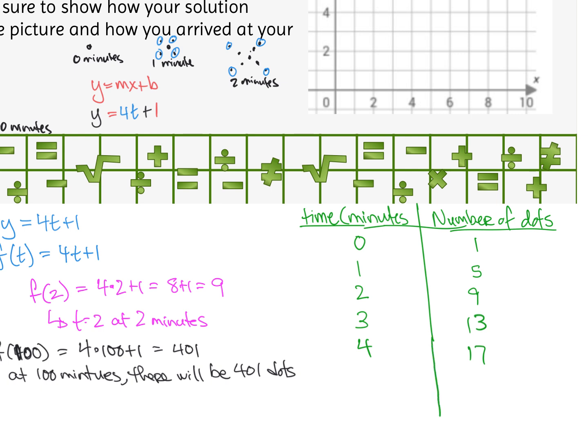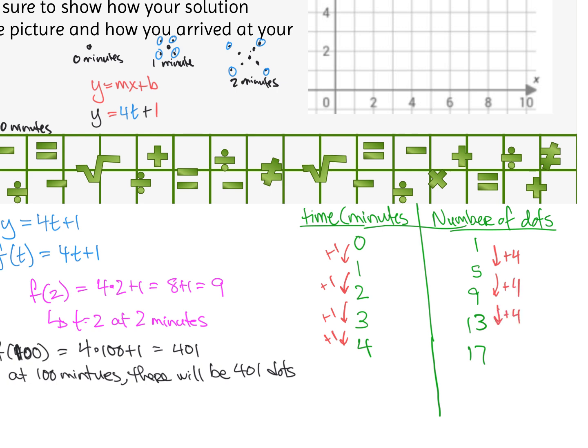We've been working with tables, figuring out different patterns and how they work. Notice that for every minute that we go up, how are our dots changing? They change by 4. That's why our slope, in y equals mx plus b, is our change.